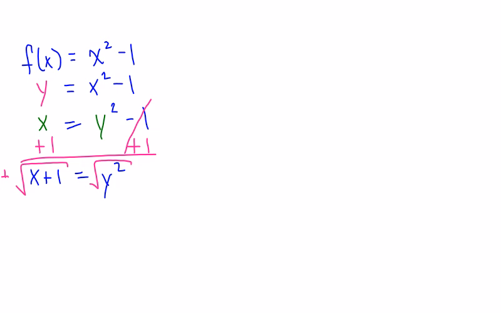And that's just not something that works in this case, because if we end up with y equals the square root of x plus 1, we can't have plus and minus, which means 2 different values. We need just one value for a function, right?